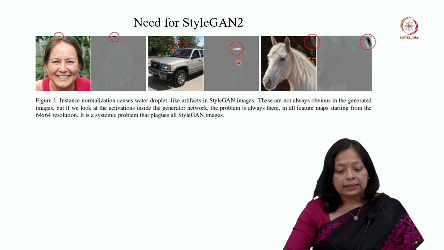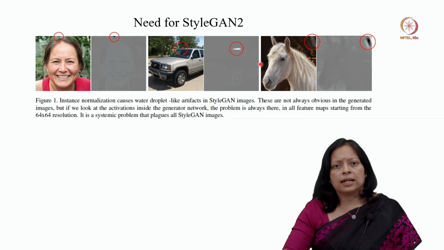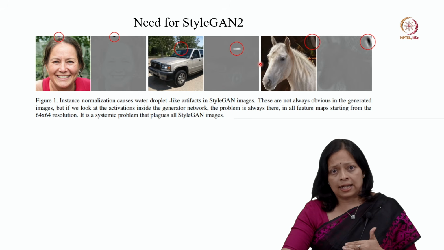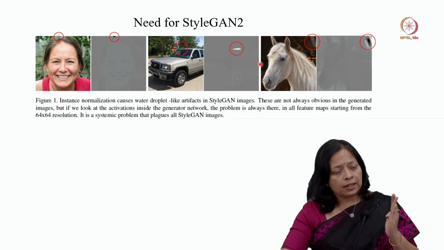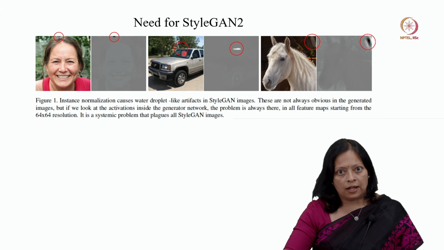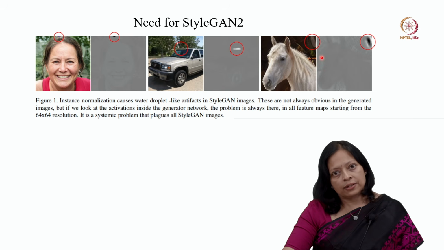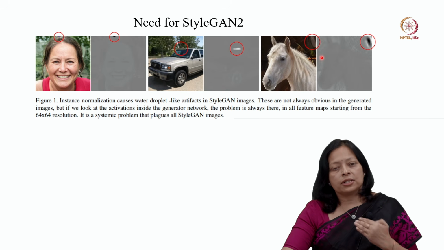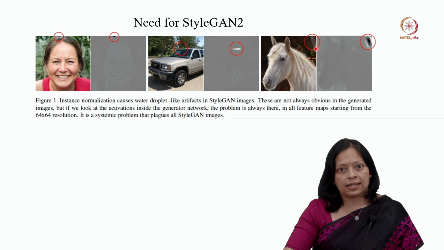That is one thing which the researchers found, that there is some structural or architectural thing in StyleGAN which is consistently giving these kinds of artifacts. So, that was the reason they wanted to look into the architecture and change it in such a way that these artifacts can be removed.